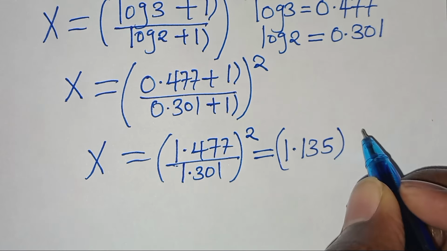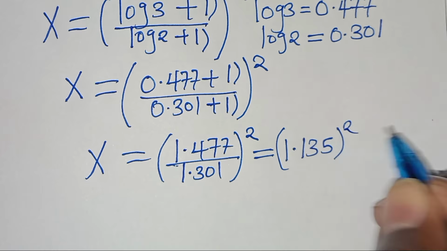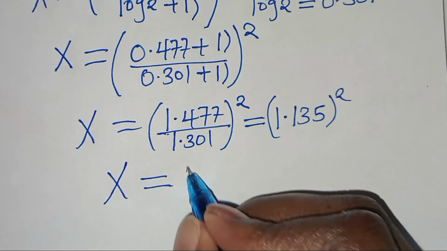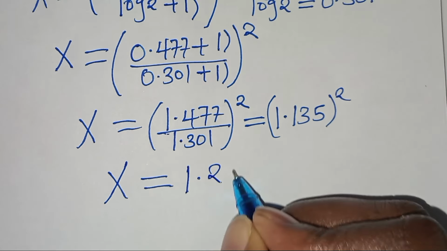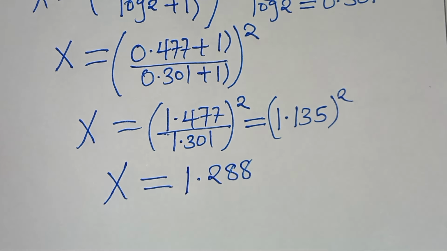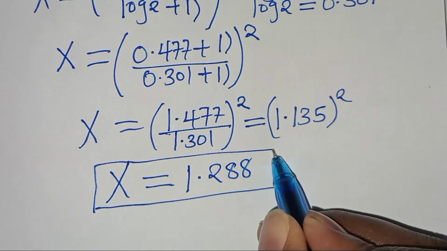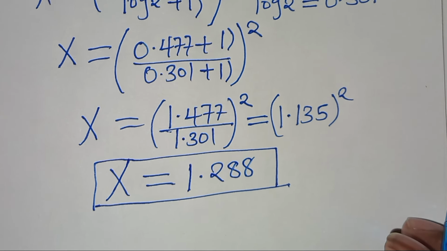Again, we square this, so that the value of x is equal to 1.288. The next step from here is to verify that this value of x satisfies the equation.